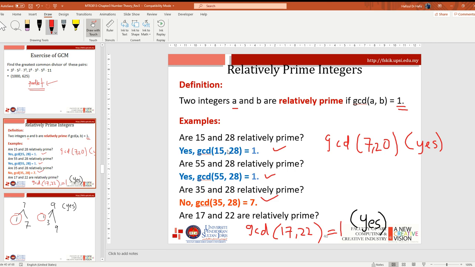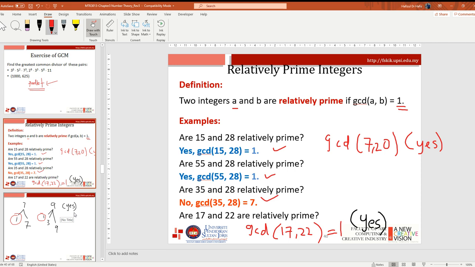Yes. 55 and 28 relatively prime, yes. 35 and 28 relatively prime, no. The GCD for 35 and 28 is 7. And 17 and 22 are relatively prime, yes.